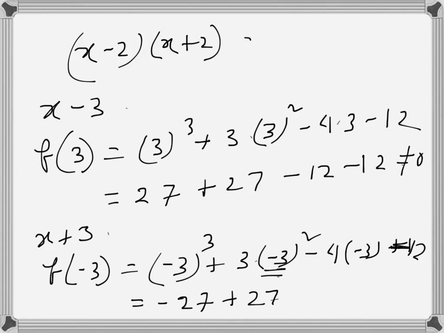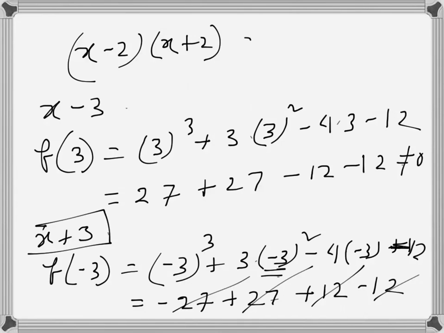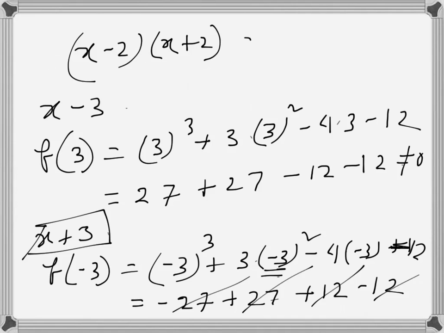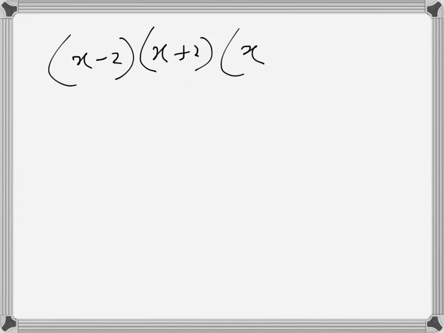Then this is plus 12, and this is minus 12, because minus 3 times minus 4 is plus 12. So this is also again 0. So we can see that x plus 3 is the other factor. So this way we have factorized: x minus 2, x plus 2, and finally x plus 3. So these are the factors.